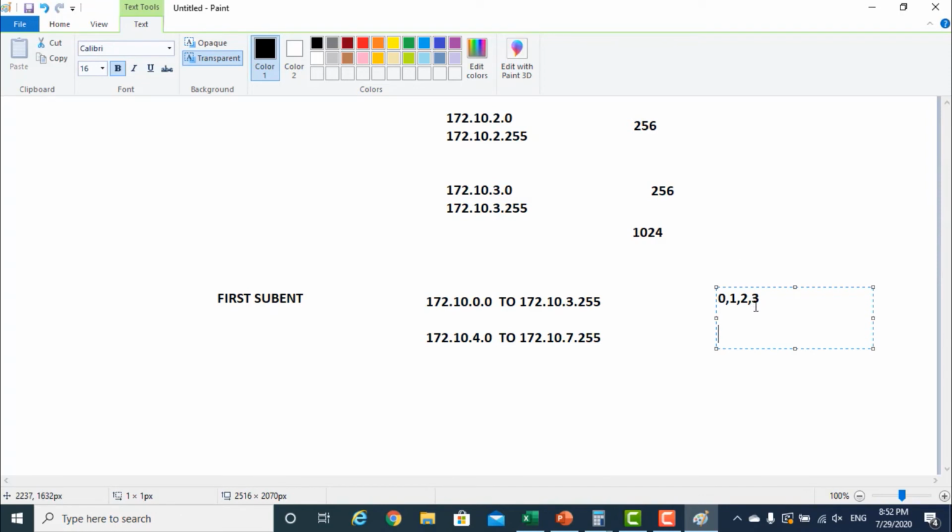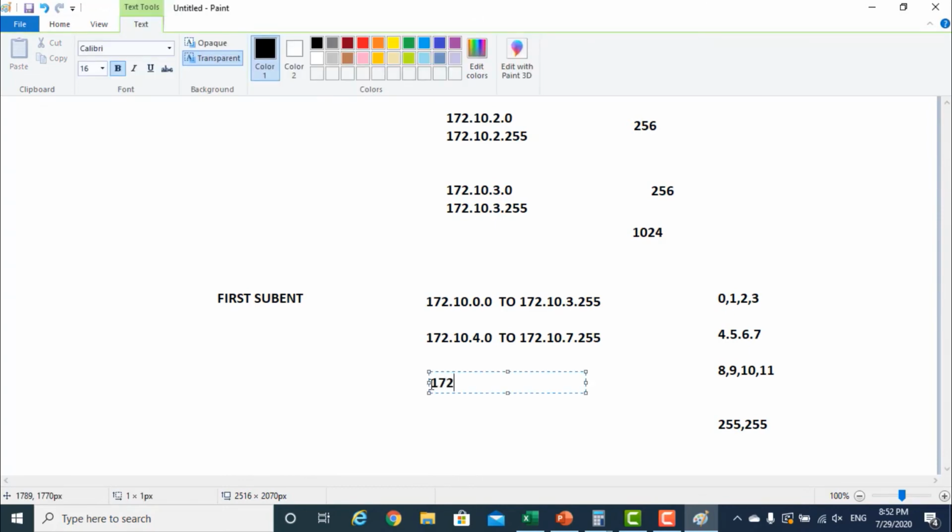That is 1024. So the next block is also going to be 4, 5, 6, 7. The other one will be 8, 9, 10 and 11. And just likewise continue till you reach 255. You will reach there, okay? You just do it as homework.